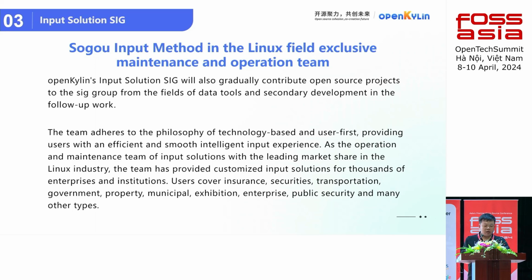We are the go-to team for Linux input solutions, trusted by many businesses across different fields, like insurance, government, and public security. Our goal is to keep making things that meet the real-world needs of our users.